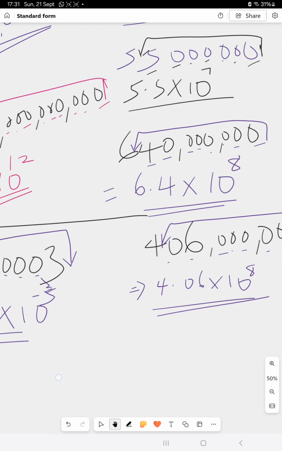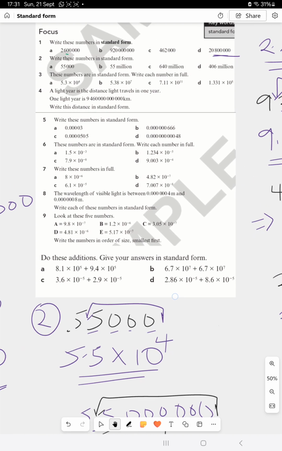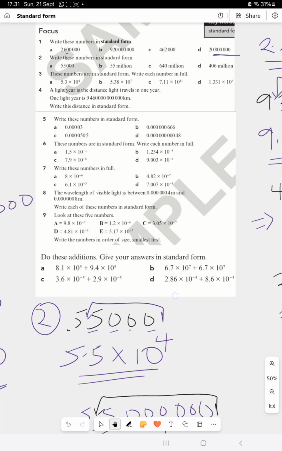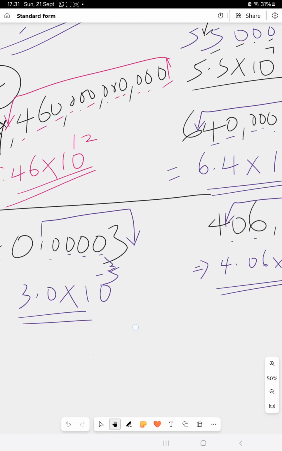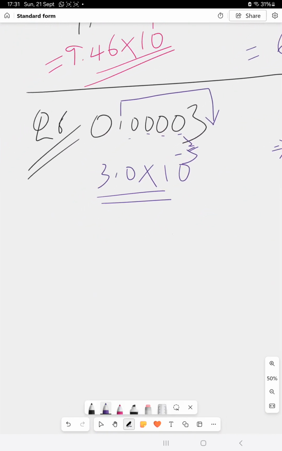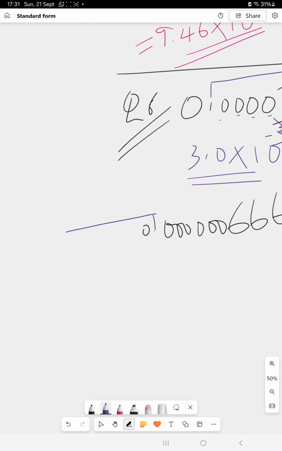Let me do B very fast. B says it's a very big number there, 0.0000666. Again, in standard form, we are bringing this decimal point from this point all the way to here.